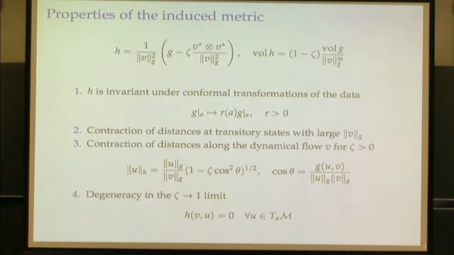In particular, when we let zeta go to 0, the metric becomes degenerate, meaning that it vanishes if its action on every tangent vector u vanishes whenever it also operates on v, our dynamical vector field. This limit is the one we're mainly interested in.